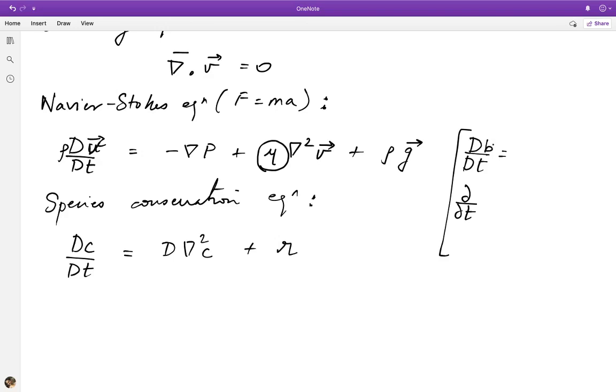The scalar quantity b could be one of the components of the velocity or the concentration or the temperature, for example. So it's the local Eulerian time derivative, which you will encounter again later as we go along, plus the velocity scalar product with the gradient of this quantity.